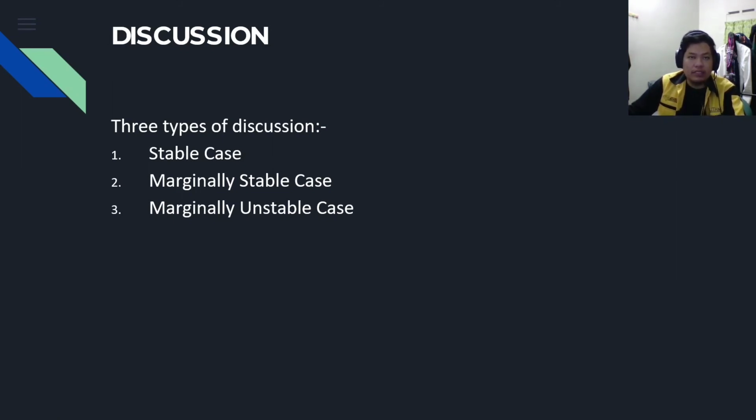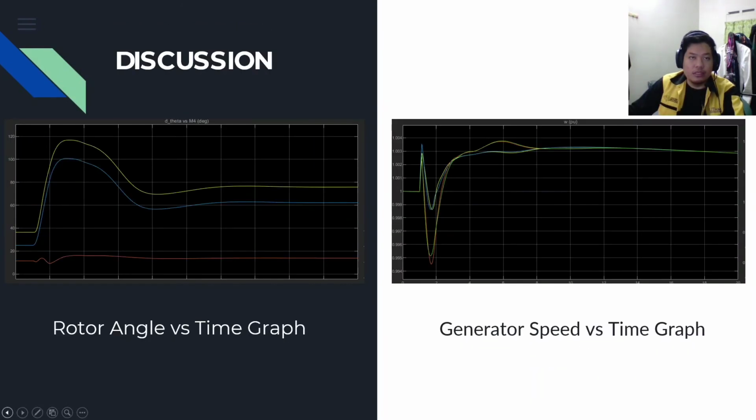and marginally unstable case. So for the stable case, the graphs of rotor angle versus time and generator speed versus time illustrate the normal condition of the model system prior to the sudden load decrement at bus 9 at time 3 seconds, in which the waveform was stable and in the steady state range, as well as in proportional equilibrium on the graphs of rotor angle, generator speed, voltage magnitude and machine power.